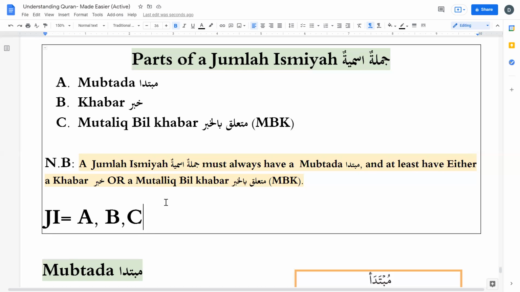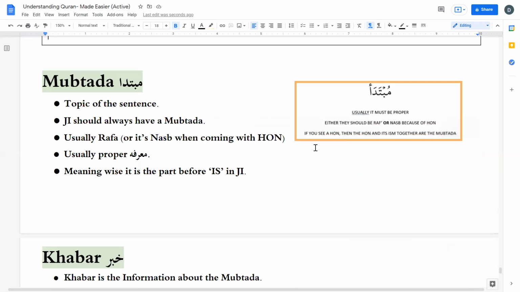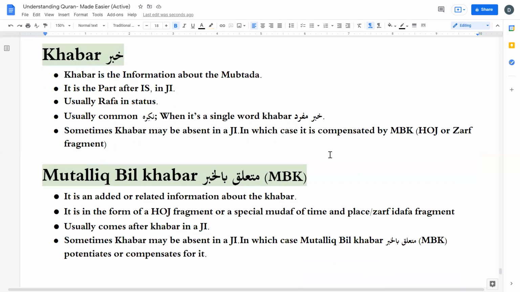Inshallah, we'll learn what those reasons are and what the different combinations of A, B, and C, mubtada, khabar, and mutaliq bil khabar, are. One thing we already observed is that sometimes khabar is not there, B is not there, and mutaliq bil khabar is taking the place of khabar. And there are other possibilities also.